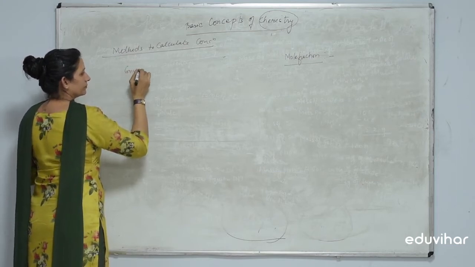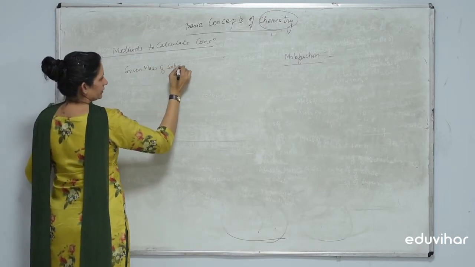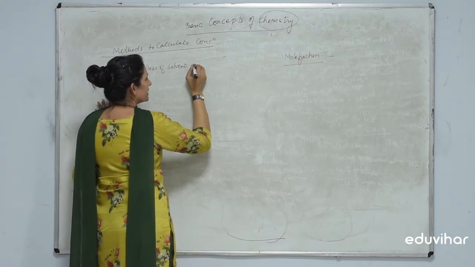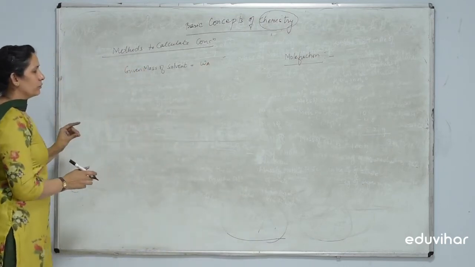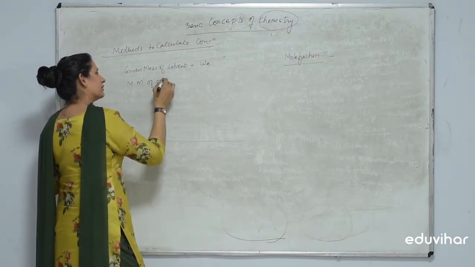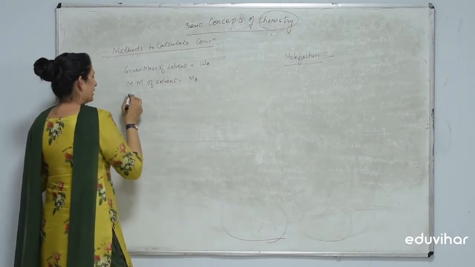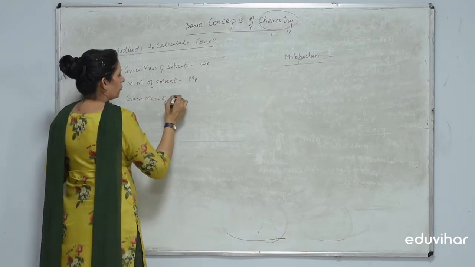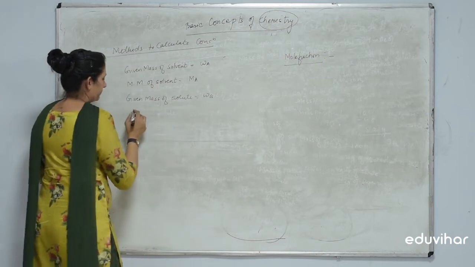Given mass of solvent is represented by WA. Molar mass of solvent is represented by MA. Given mass of solute is represented by WB.